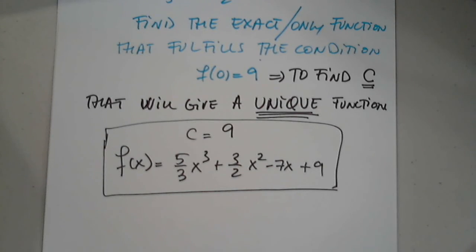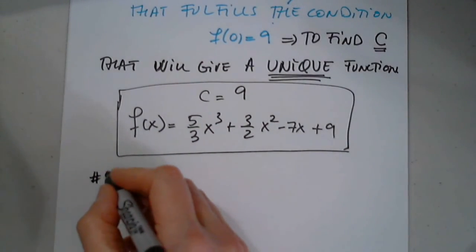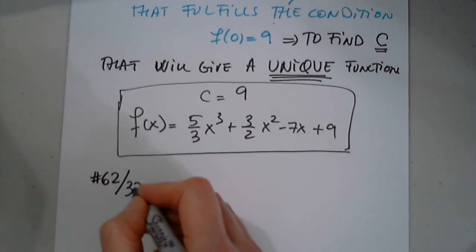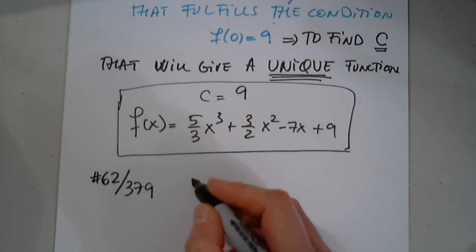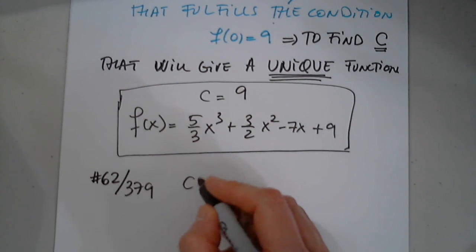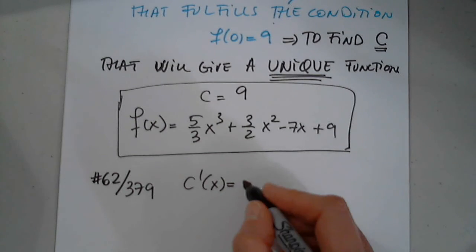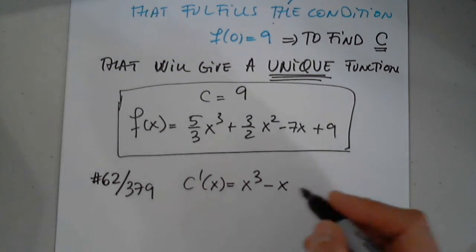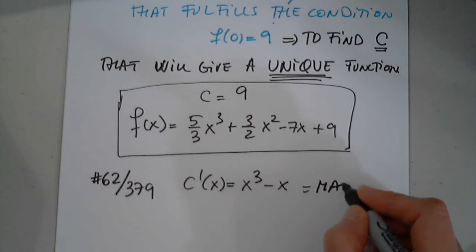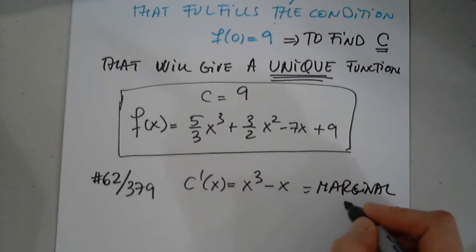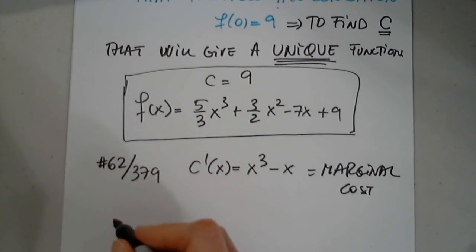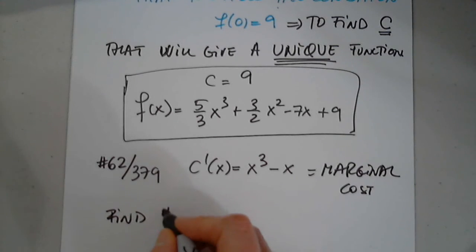So for example, and I'll stop right after this, problem 62 on page 379, we are given C prime of x, which is the marginal cost, it's called, because it's the derivative. They want us to find total cost.